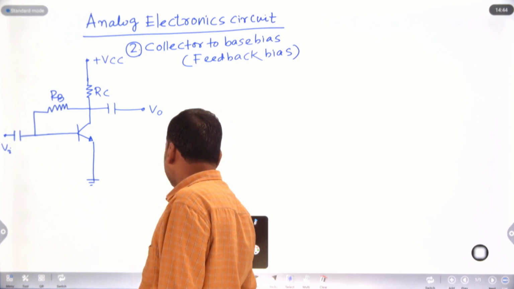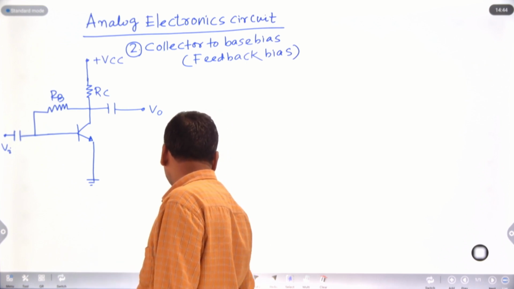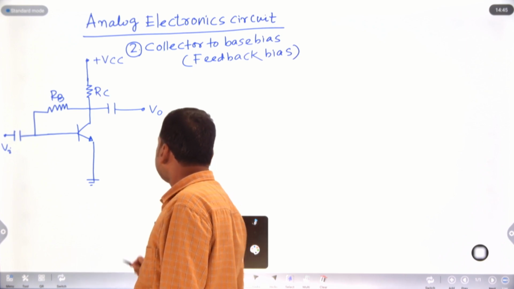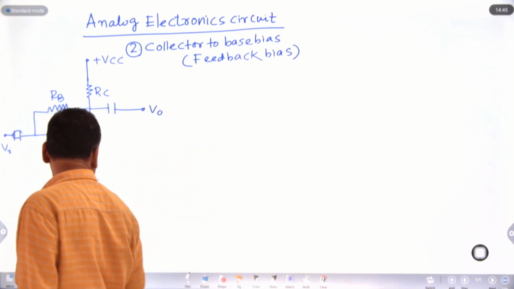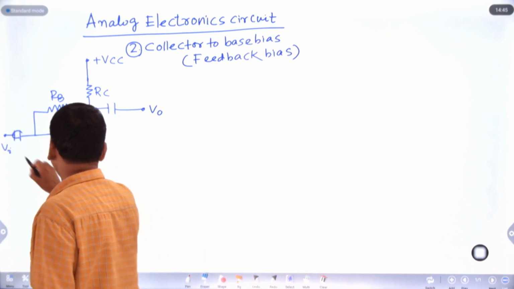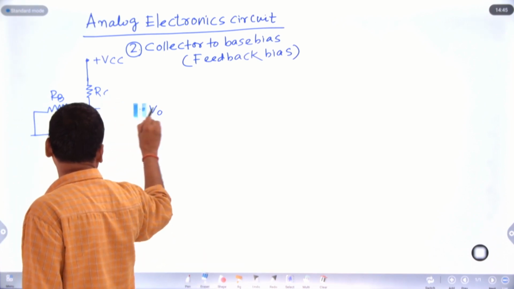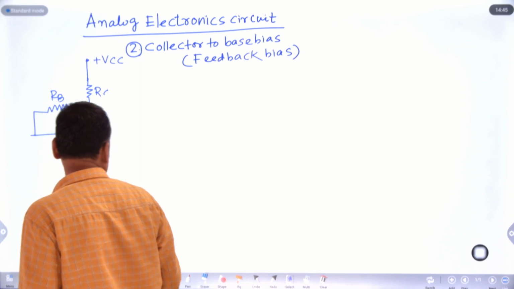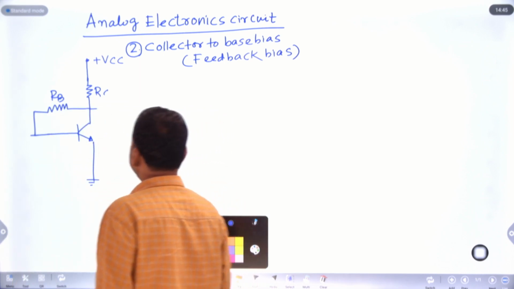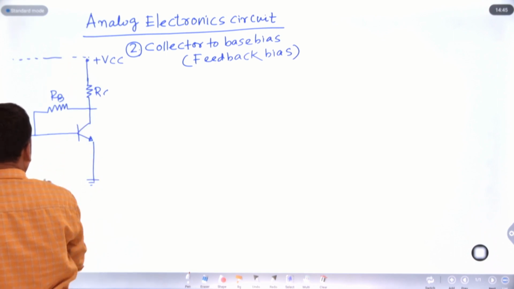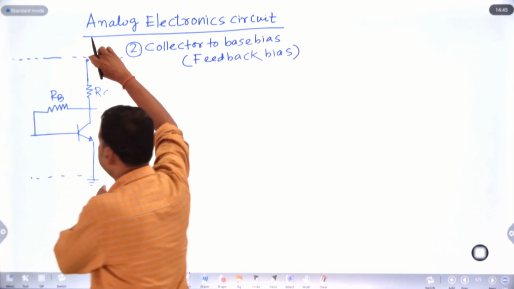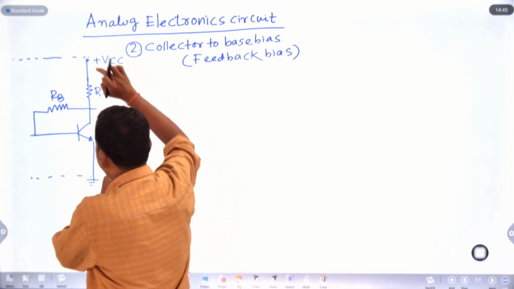In DC biasing, before applying KVL, the capacitor will be open circuited here. If the capacitor is open circuited, how do we form a loop? This is plus VCC with respect to ground.